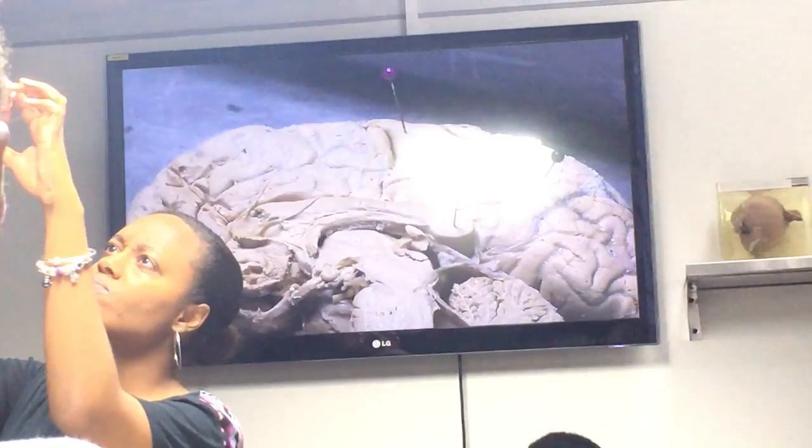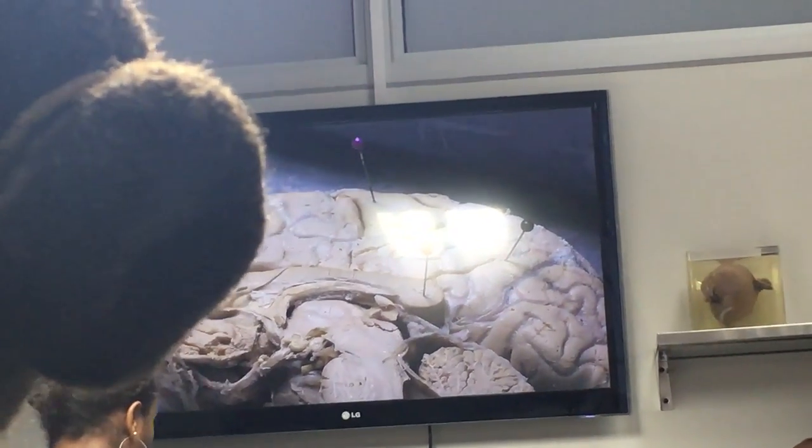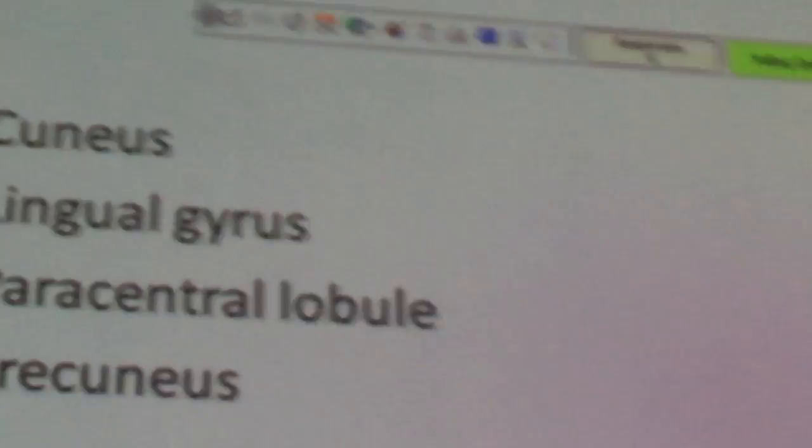You should have been better. Third question. The black top pin. What is the structure indicated by the black top pin?